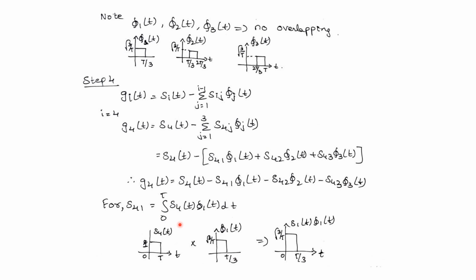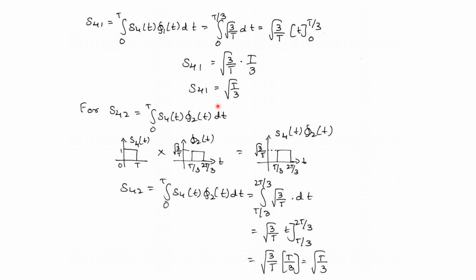In the same way where I found S31 and S32, I am finding S41. S41 is the integral of S4 of t into phi 1 of t. I am getting S41 equal to root t by 3.